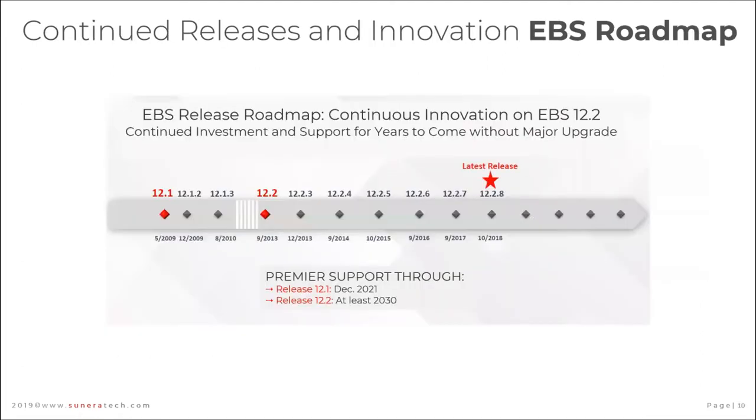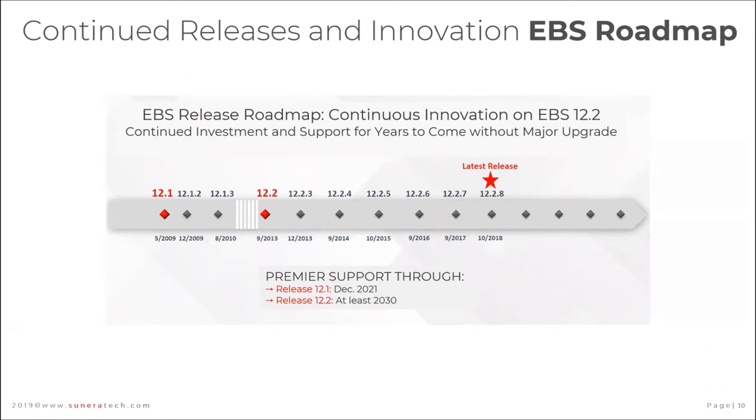Go ahead, Vikas. Yeah, thanks, Srini. This is the roadmap showing that Oracle is investing continuously in Oracle EBS. This is where you can see the extended support and the premier support for the versions that you are on right now.